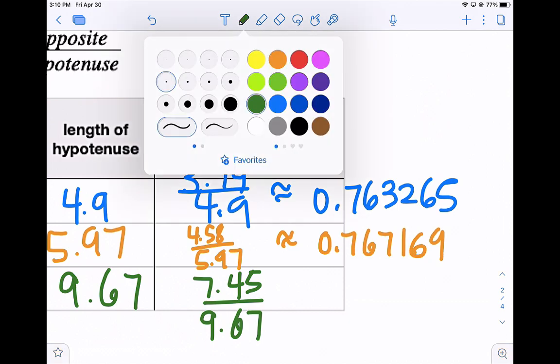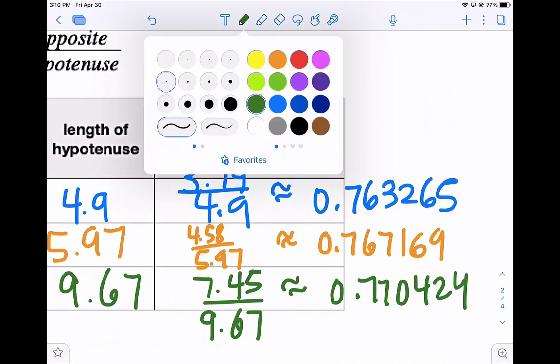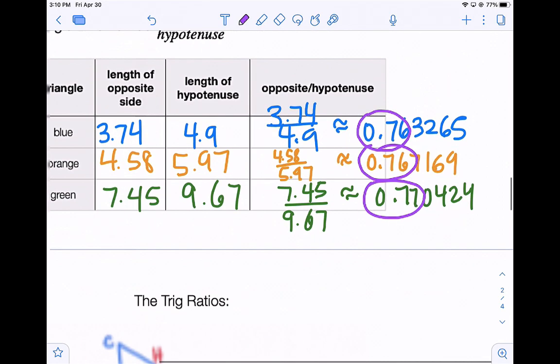Then let's do our green triangle, 7.45 divided by 9.67, which is about 0.770424. What do you notice about these ratios? They're very similar. They're very close, pretty much the same number that we get for that ratio.